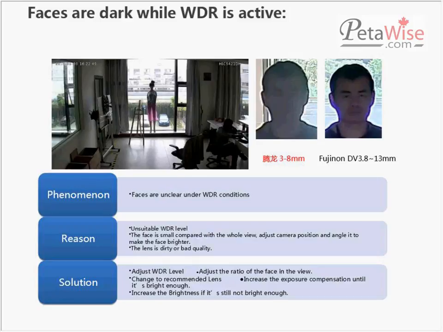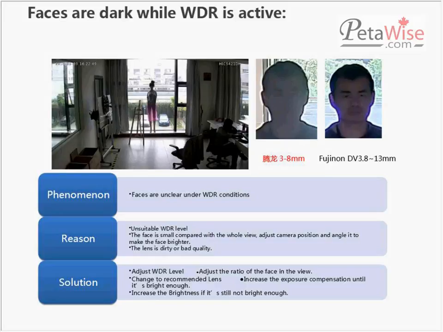Another thing we can do is adjust the WDR level to fit our environment better. Generally, you're going to get a sharper, more contrasting image and be able to make out details better when we adjust the WDR level down. So if it's possible to use a lesser WDR level, that can also improve that.